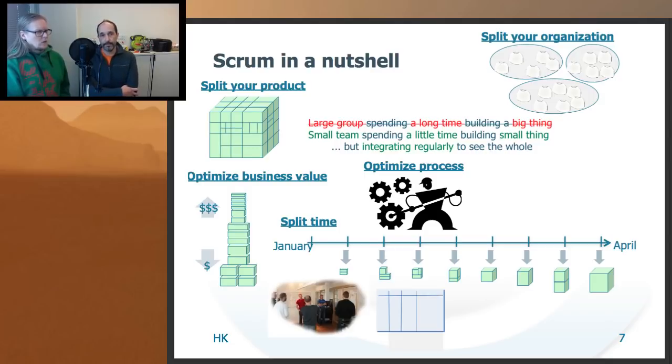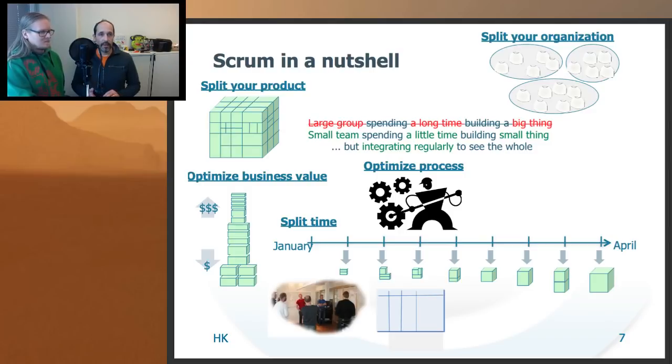So Scrum doesn't see the software as a monolithic entity, but rather as an incrementally built compilation of building blocks. There are a couple of important things also here in this slide.